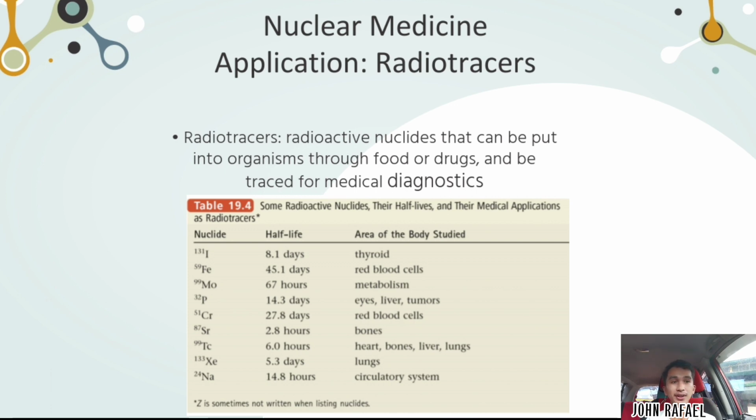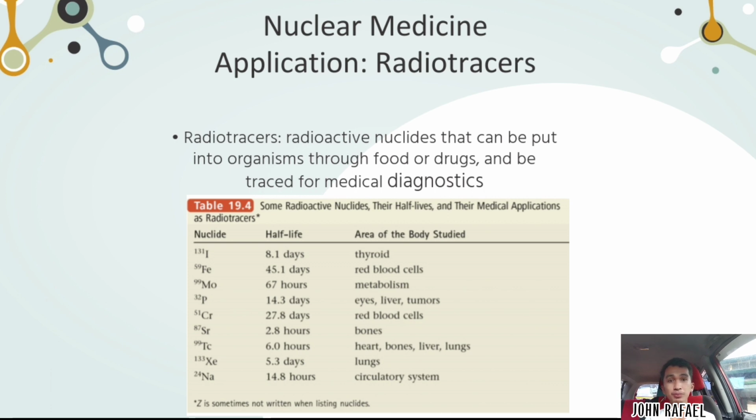Next is iron 59, which has 45.1 days of half-life, and the area of the body studied is red blood cells. Next is molybdenum 99, which has 67 hours of half-life, and the area studied is metabolism. Next is phosphorus 32, which has 14.3 days of half-life, and the areas studied are eyes, liver, and tumors.